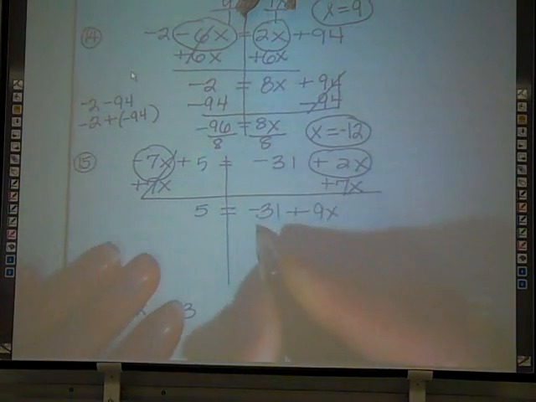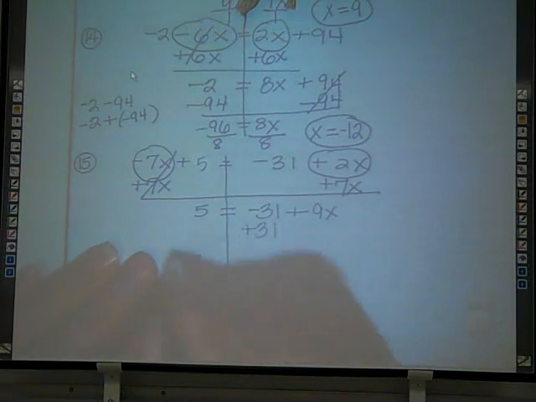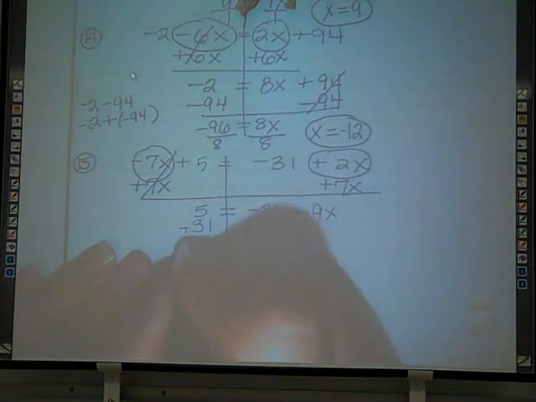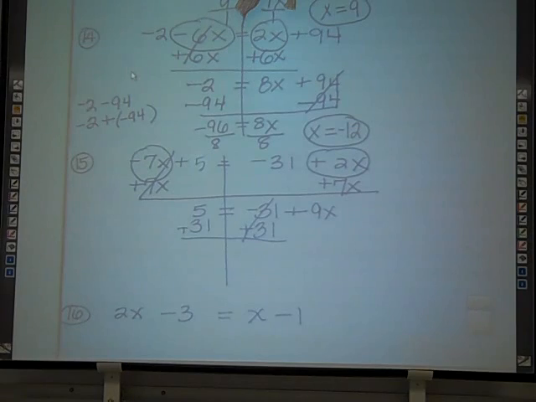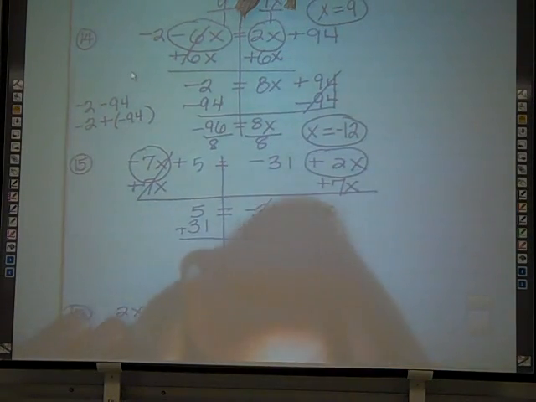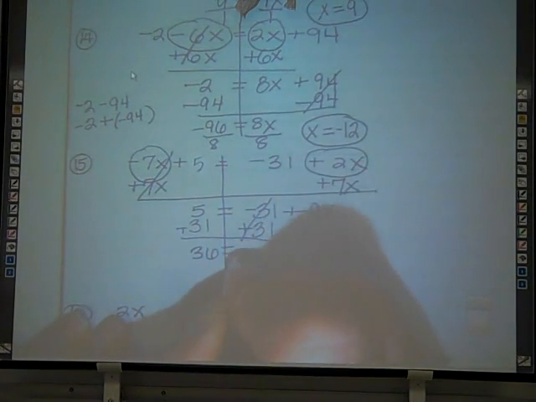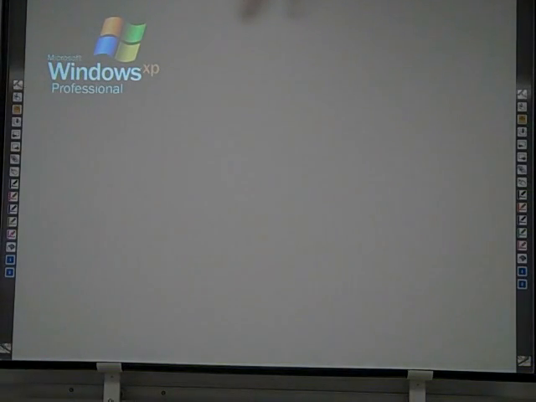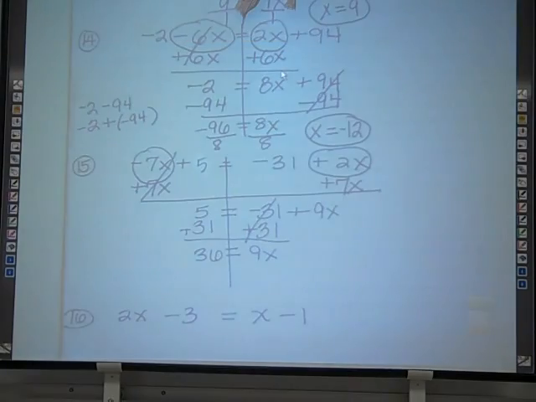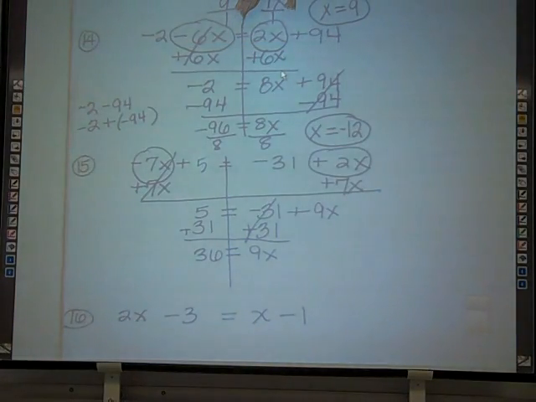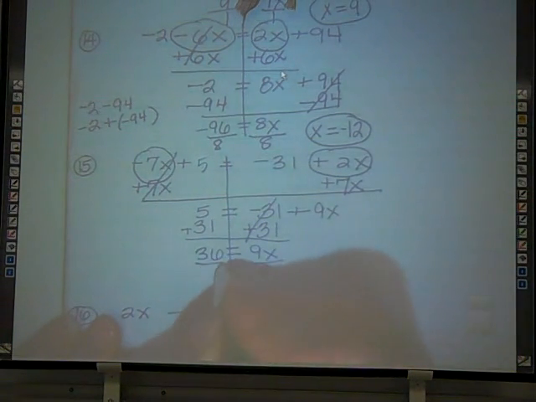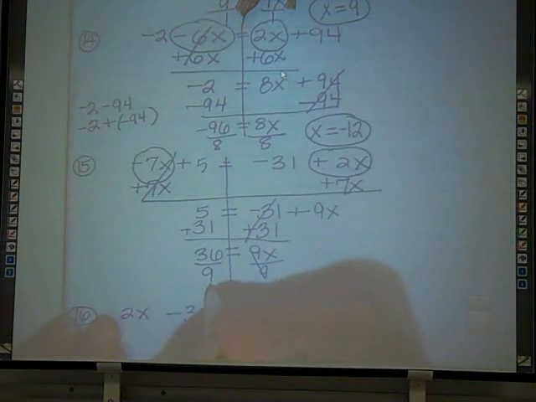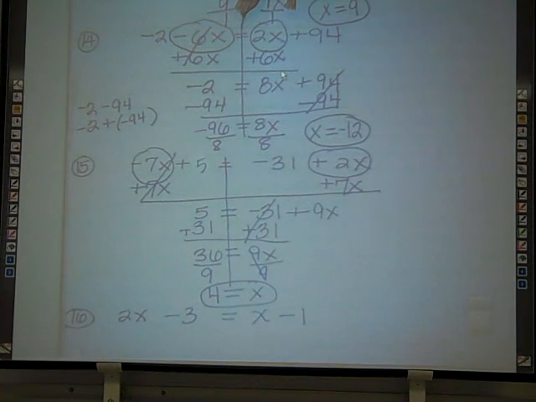Next step, get rid of this 31 by adding 31 to both sides. 31s are gone. 5 plus 31 gives us 36, which is still equal to 9x. Now divide both sides by 9. 36 divided by 9 is 4, is equal to x.